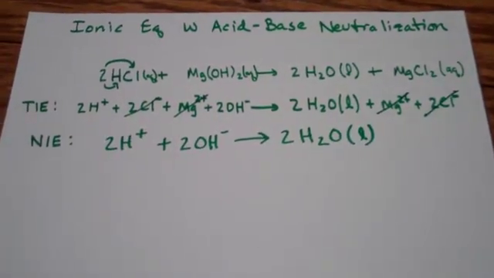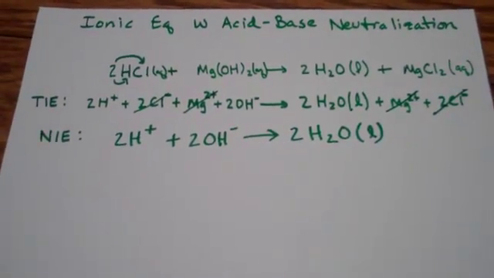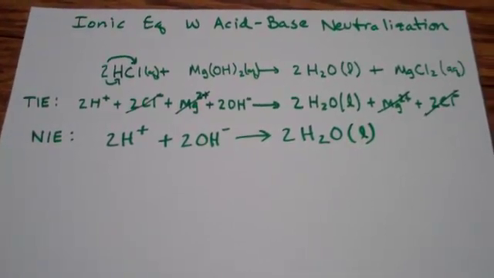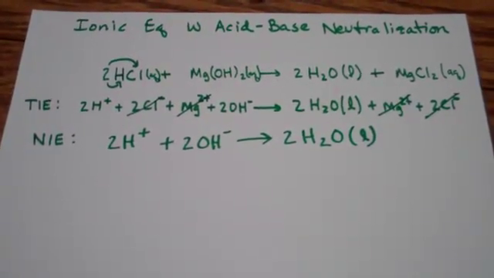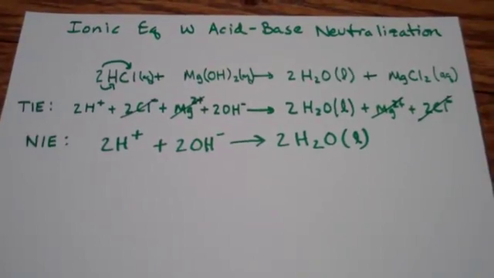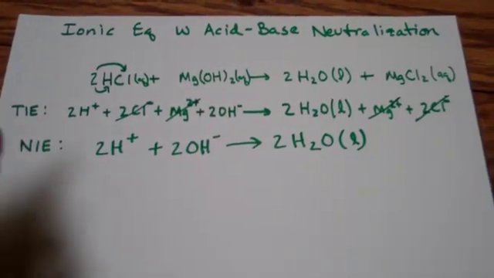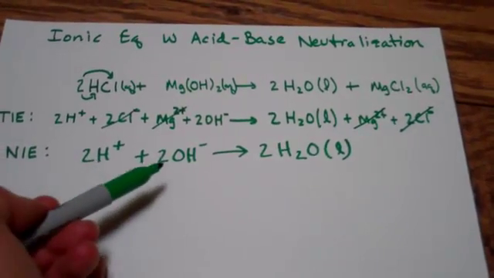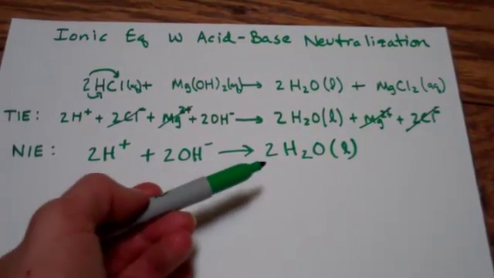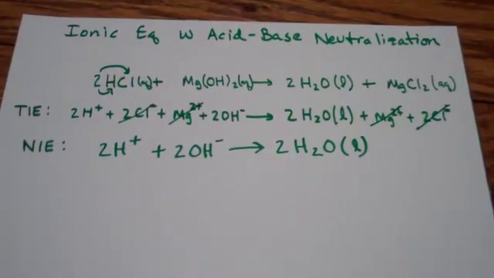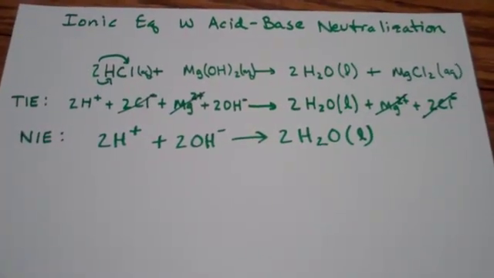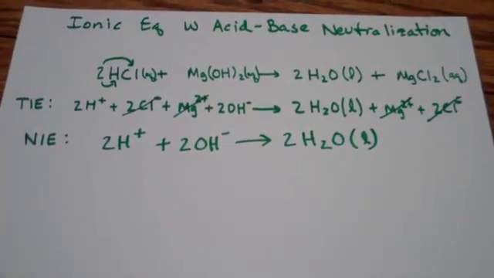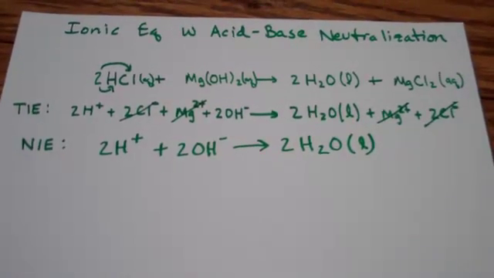So overall, in the total ionic equation, we cross off the magnesiums and we cross off the chloride ions. They stay the same on both sides of the equation. And our net ionic equation then is going to yield 2 protons plus the 2 hydroxide ions to yield 2 water molecules. So overall, in an acid-base neutralization reaction, this is a key component that's going on.